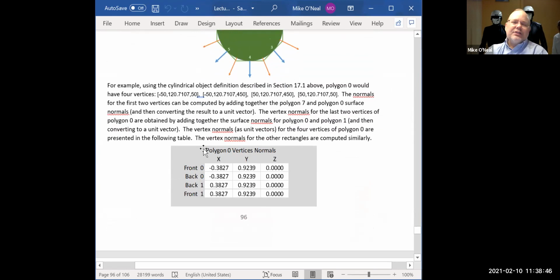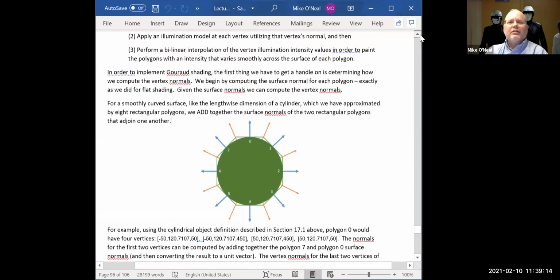So I did give you the vertex normals for polygon 0. I computed these, and you'll see that the vertex here, basically here are the points: front 0, back 1, front 1, and you'll notice it's interesting because this thing is a cylinder, right?